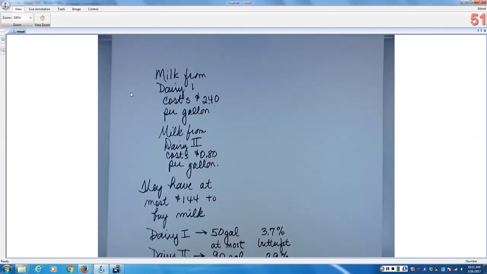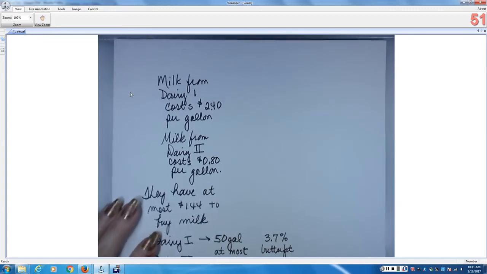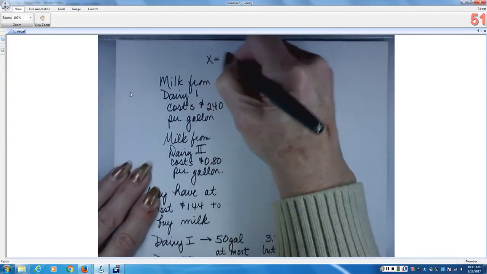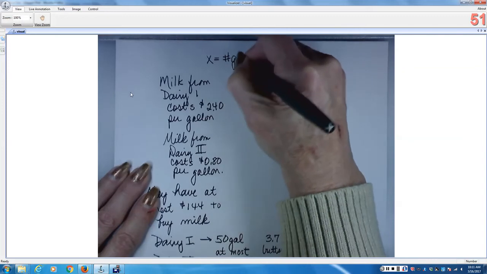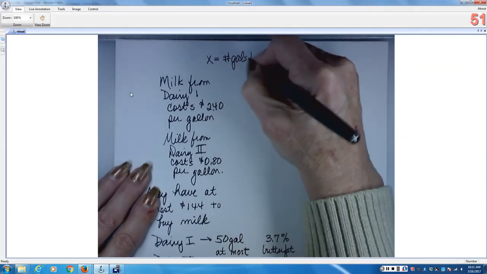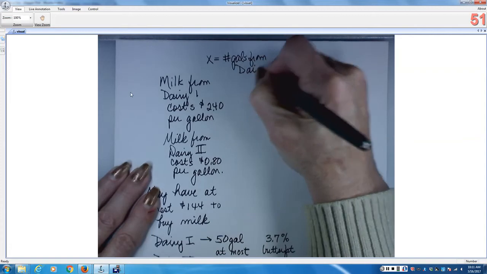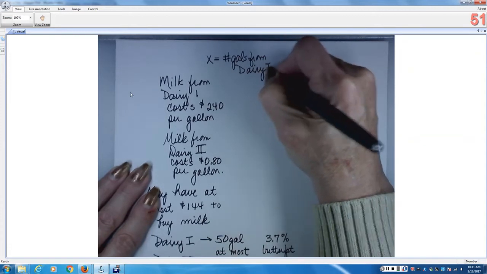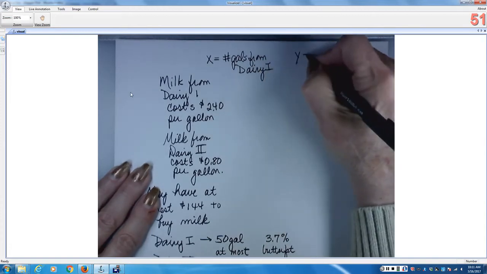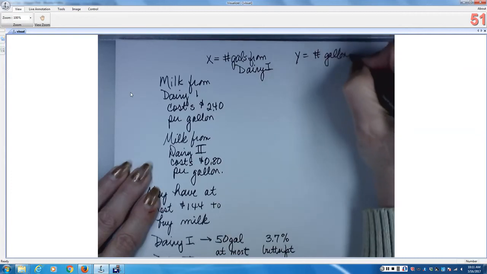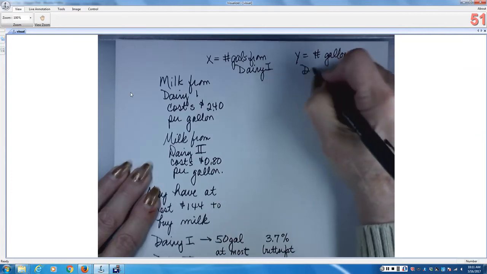So the first thing we're going to do up here at the very beginning of this problem is say X equals number of gallons from dairy 1. And Y is going to be the number of gallons from dairy 2.